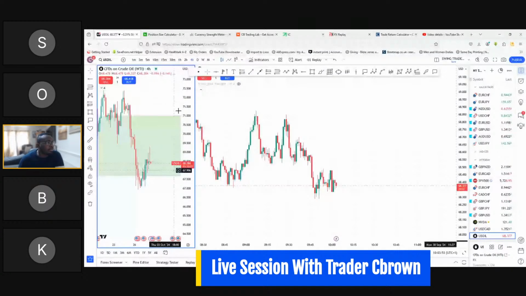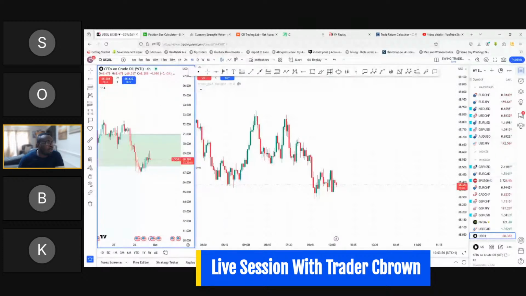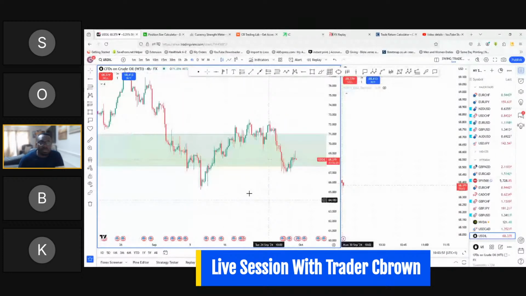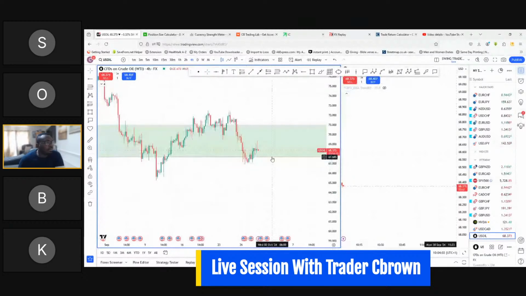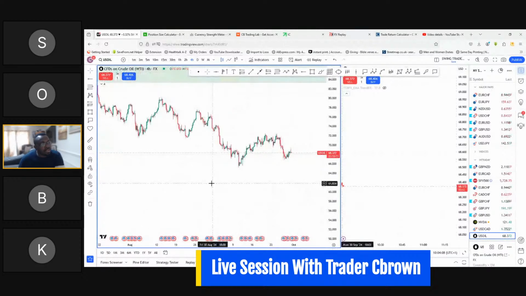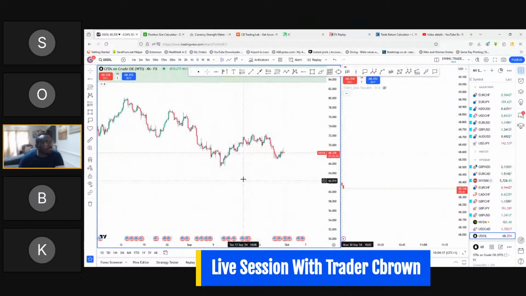Looking at the 4-hour here, overall the market is bearish. This was a retracement of this impulsive swing, and again, we have minor structures here.